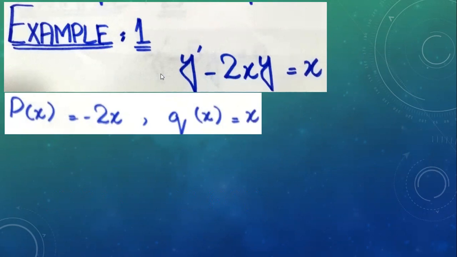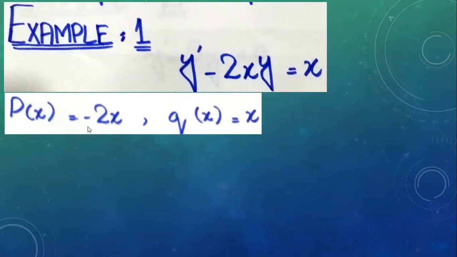You should be very careful: see the highest order derivative, that is y prime here, and if it is multiplied by 1. If it has some other terms, you should first convert it into standard form. It is already in standard form, so here p of x will be minus 2x, the whole term multiplied with y, and q of x will simply be x.